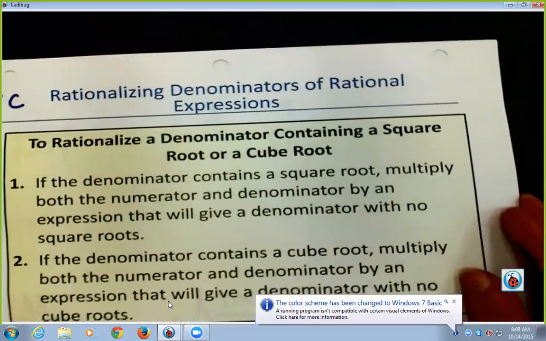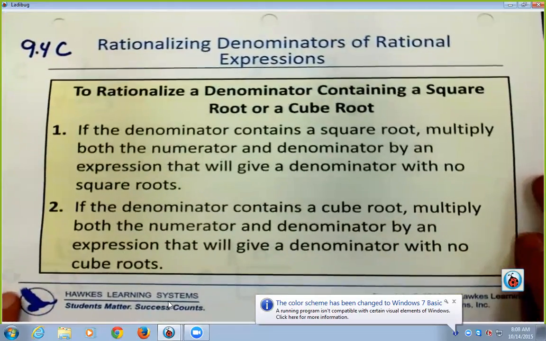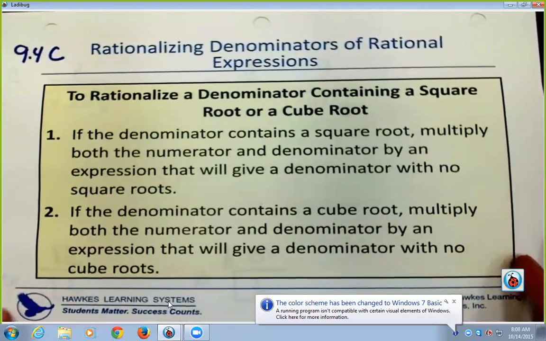And then 9-4, we only did A and B, but they were working similar to polynomials and combining like terms. So anything with those? No? Okay. Well then, let's take a look at what we can do with 9.4c.